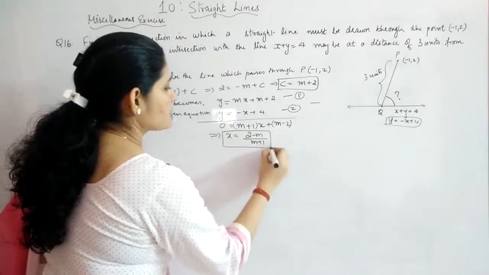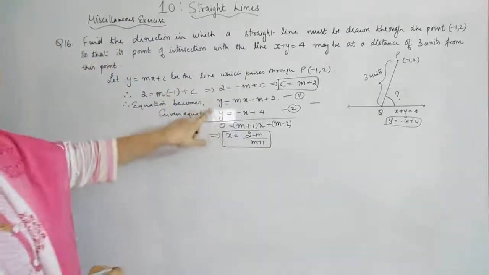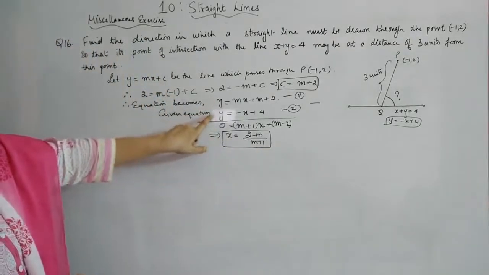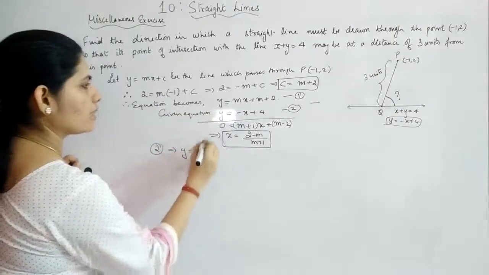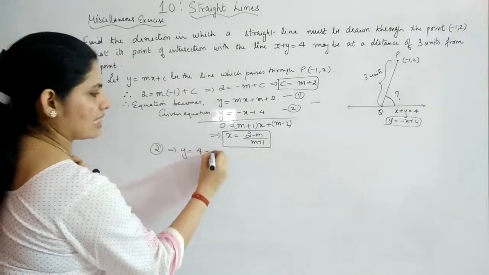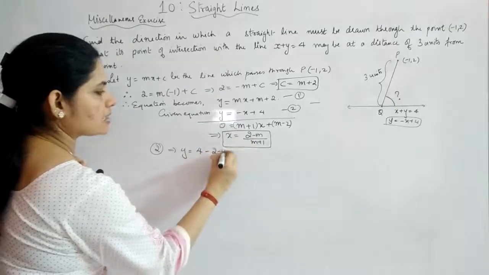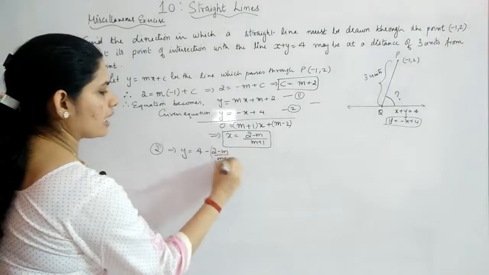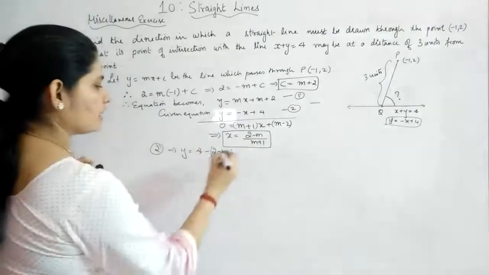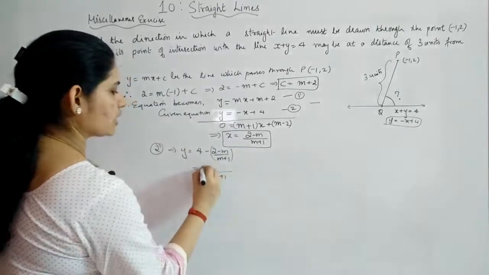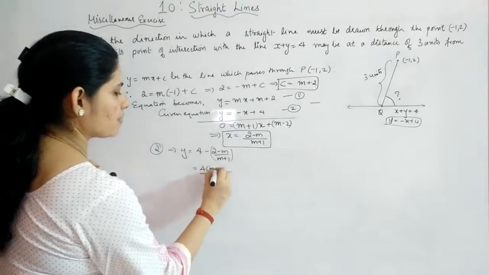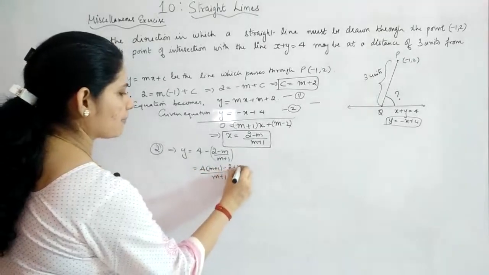Now you can replace the value of x in the easiest equation, equation 2. So y is equal to -x plus 4, so it is 4 minus x. X is 2 minus m by m plus 1, in brackets. Now simplify this. What you will get? M plus 1 in the denominator, then 4 into m plus 1 minus 2 plus m.